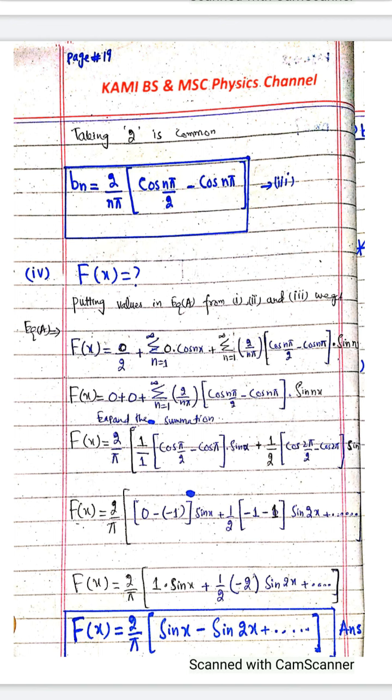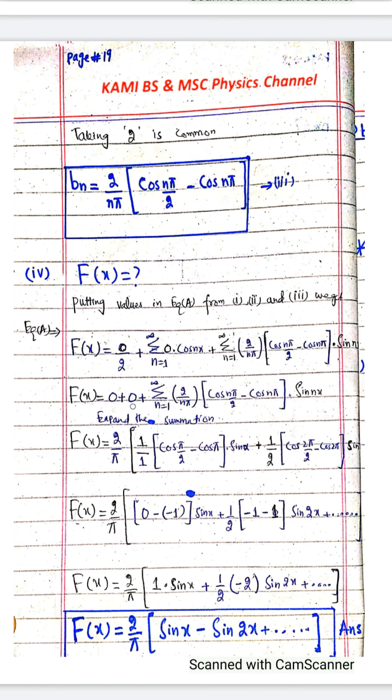Now we will find the Fourier series function. Putting values in equation A from 1, 2 and 3, we get f of x is equal to a naught, which is 0, divided by 2, plus summation from 1 to infinity of 0 times cos nx, plus summation from 1 to infinity of bn, whose value is 2 divided by n pi, cos n pi divided by 2 minus cos n pi, times sin nx.